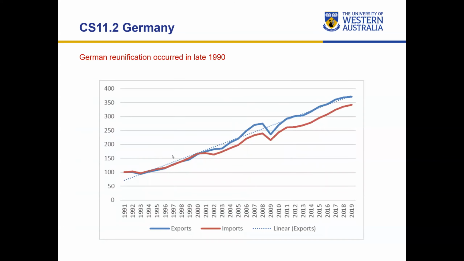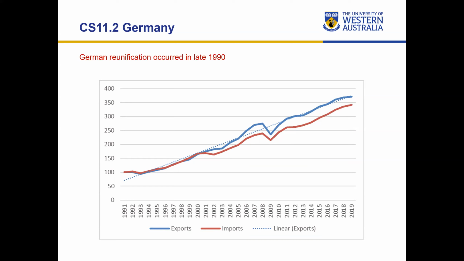Okay, what we can see here is that we've got exports and imports for Germany, and we can see around about 2000, around about 2001, exports really did open up and become much larger than imports, and that goes right through to 2019 and beyond.